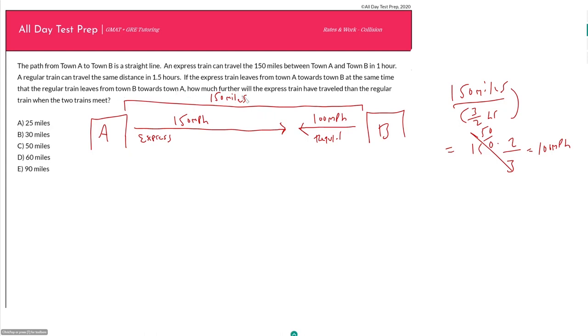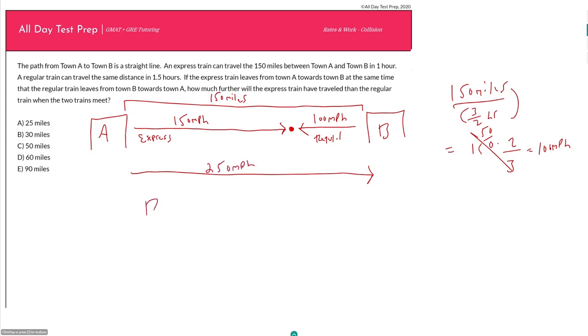Then we want to know how much further the express train will have traveled than the regular train when the two trains meet. So we just have to find their individual distances traveled when the trains meet and then subtract them. To find the time when they meet, what do we do? Well, it is the same as the time for a single train going at their combined rate the full distance. That would be a single train traveling at a rate of 250 miles per hour, going the full 150 miles.